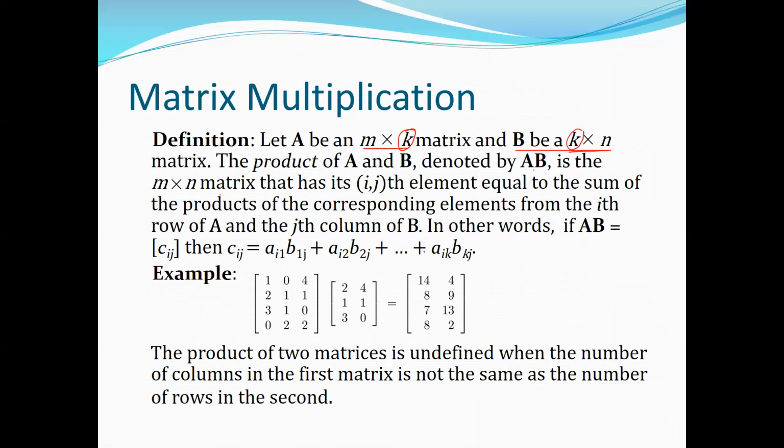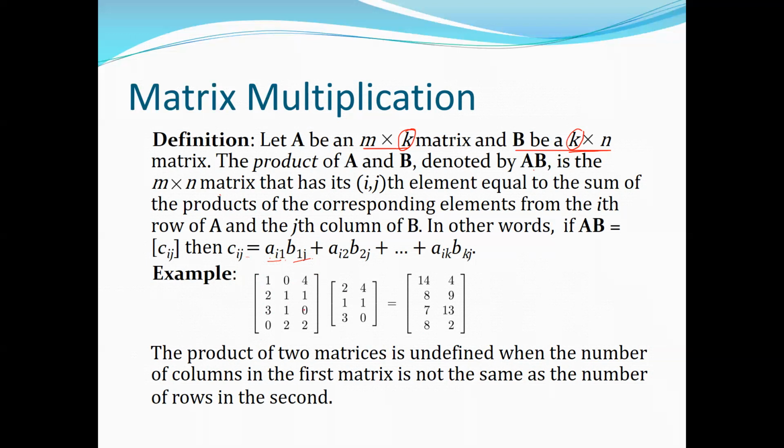In other words, if AB is equal to Cij, then this Cij is equal to Ai1 times B1j plus Ai2 times B2j, and so on. That means the first element of the matrix A and the first element of the matrix B will be multiplied, plus the second element, right? So this we will see with an example. Then I will come back to this definition again.